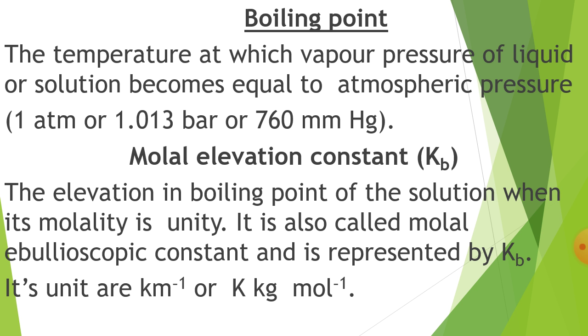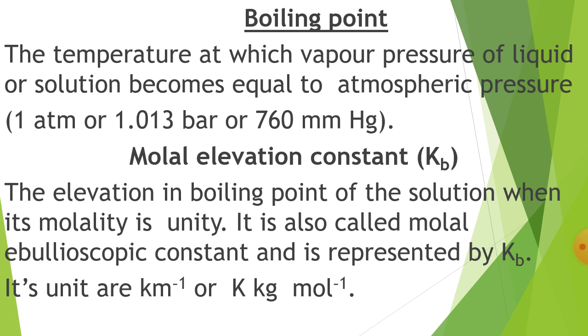Now boiling points. Before knowing the elevation of boiling point, first of all we have to know what the boiling point is. The temperature at which the vapor pressure of a liquid or solution becomes equal to atmospheric pressure. The atmospheric pressure may be 1 atm, or in bar 1.013 bar, or in mmHg 760 mmHg.